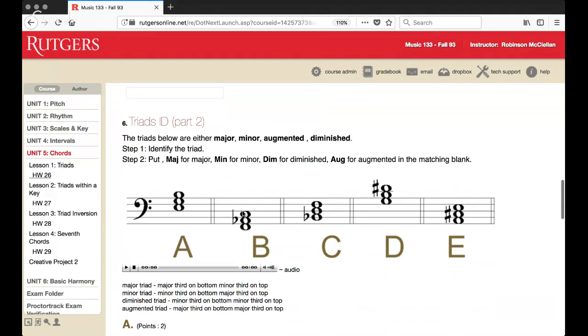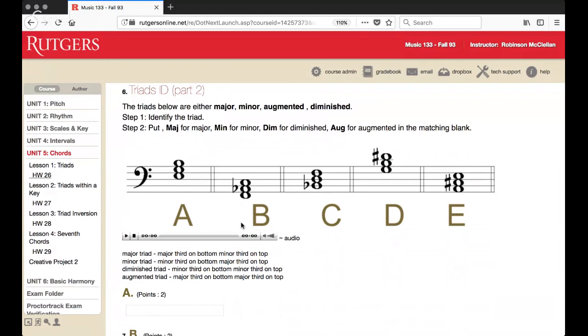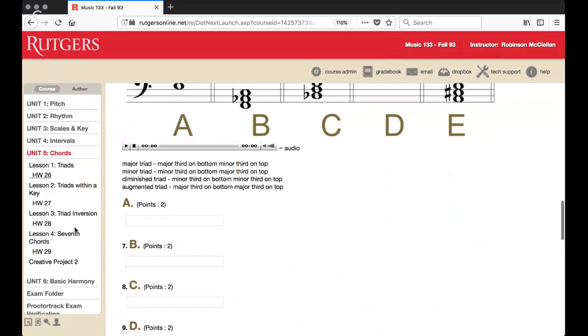And then once it has accidentals like flats or sharps, you just have to make the adjustments to identify the chord. So I won't belabor that one, but just know that it requires a few different components to get the answer right, and being really careful about your clefs and your accidentals.